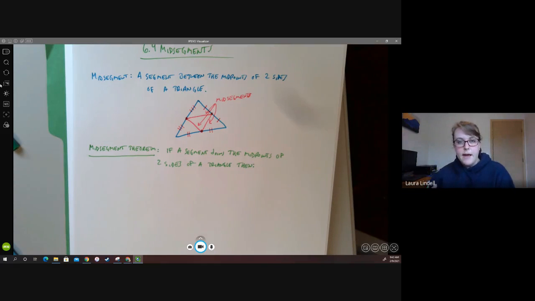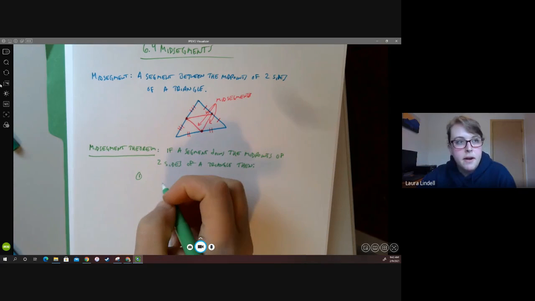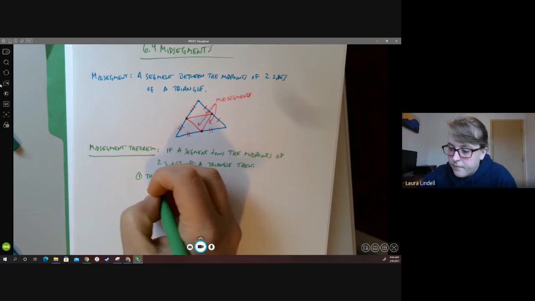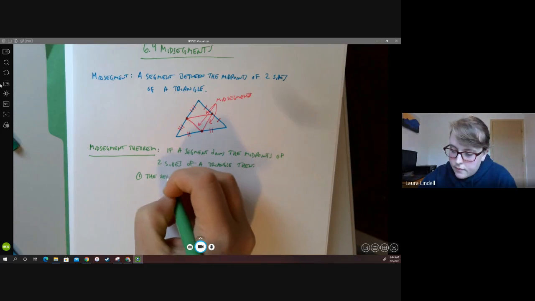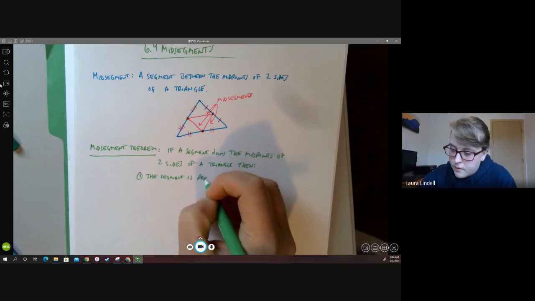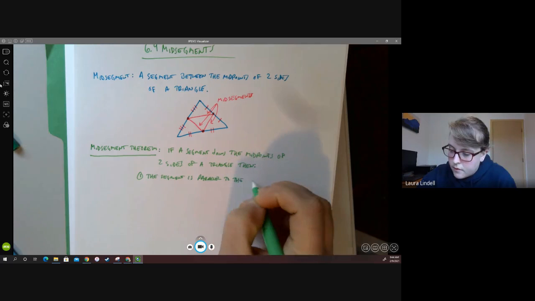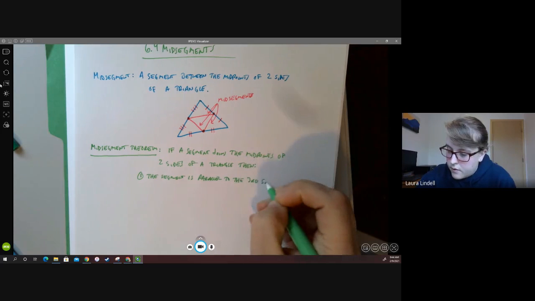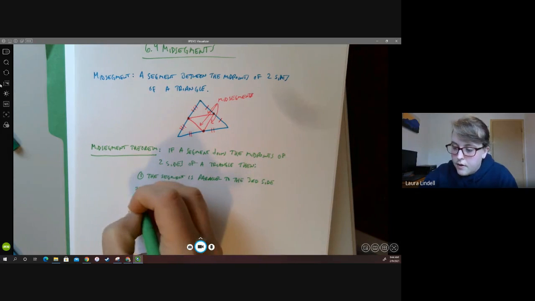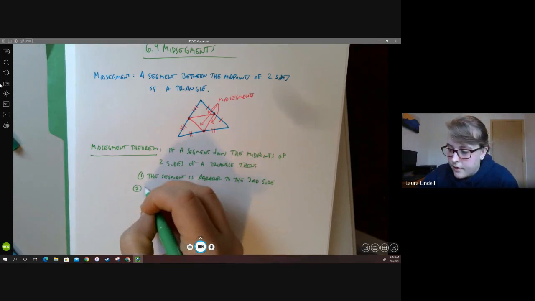So basically, if we have a mid-segment, then one, the segment is parallel to the third side. And two, it is half as long as the third side.